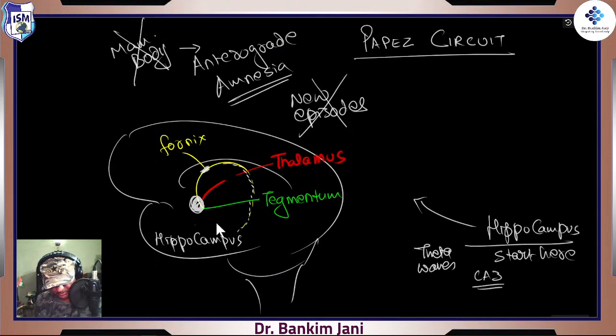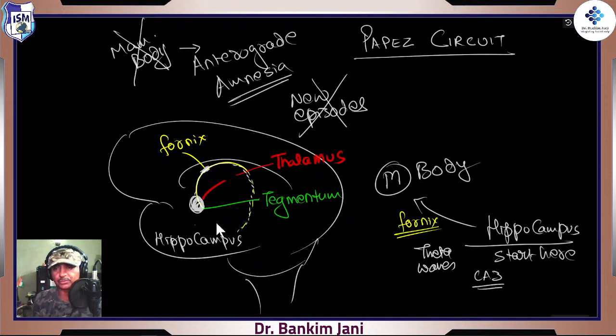We'll just write M body, and you have to write fornix here, with yellow color. So this is the fornix. Via the fornix it reaches the mammillary body, and then it reaches one cortex, which is called the cingulate cortex.